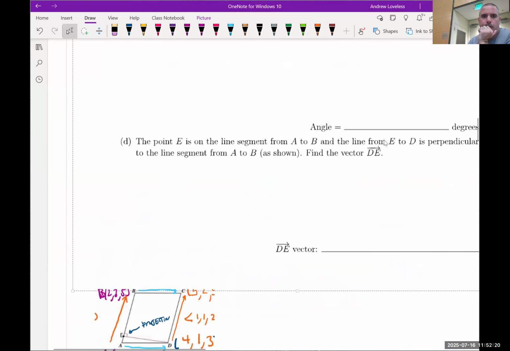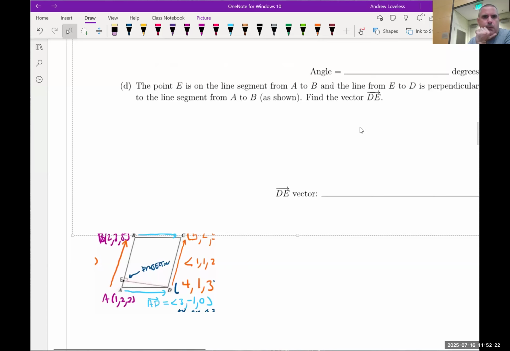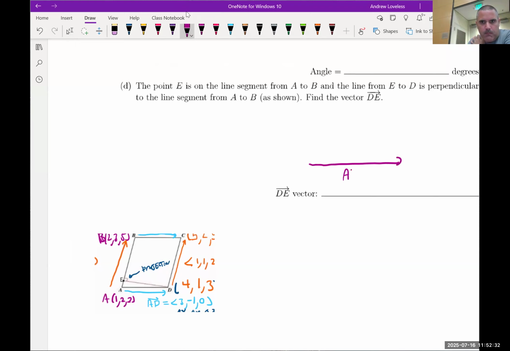So the question's asking about, this is what you're asking about, right? This question? Yeah. I'll just draw this picture. I have this vector AD, and I have A, and I have D. Separately, I have this vector AB. I have A, I have B, and I have the vector AB.